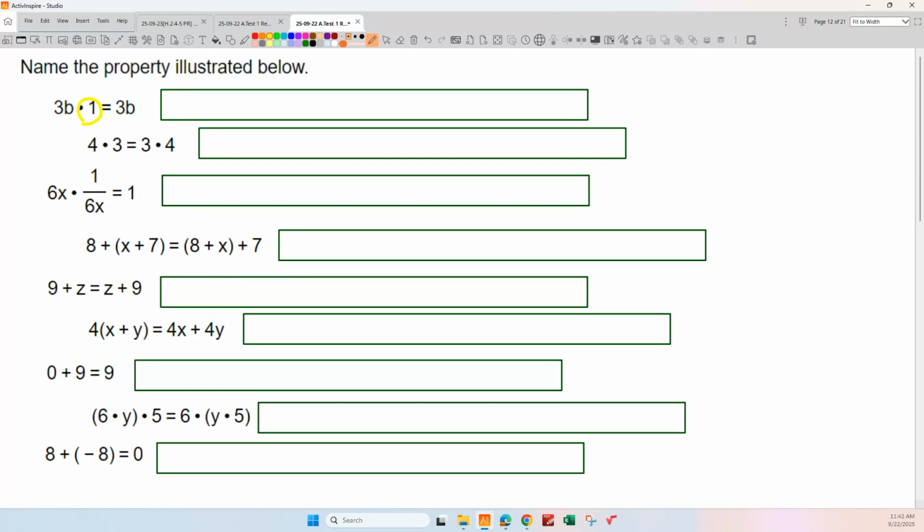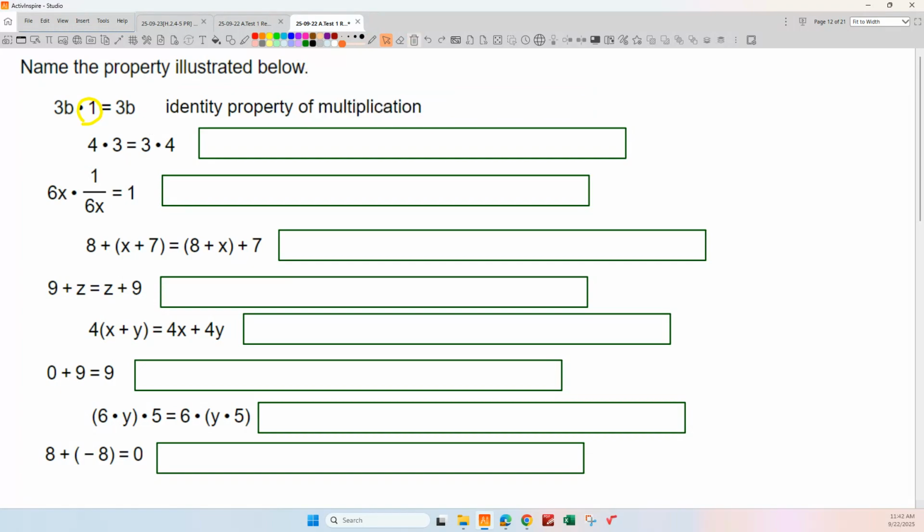Okay? What do you think? Eliza, what's that one going to be? 3b times 1 equals 3b. Okay, it's the one where they're the same. What do we call that one, everybody? Identity property of addition or multiplication? Multiplication. Good.